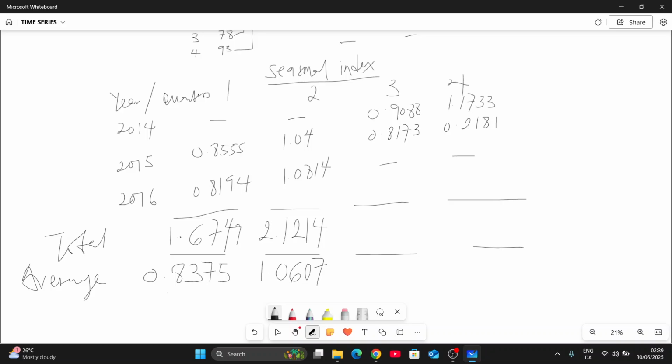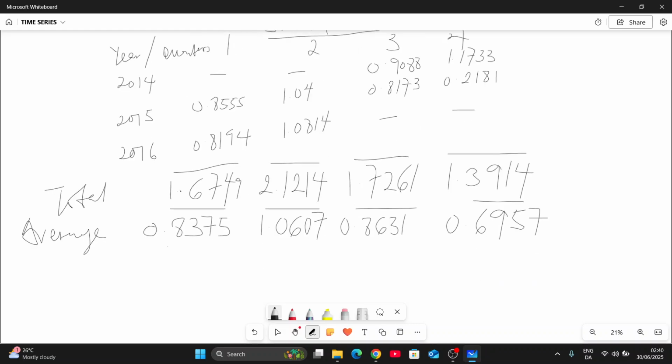0.9088 plus 0.8173 is 1.7261, divided by 2, is 0.8631. 1.1733 plus 1.2181 is 2.3914, the average is 1.1957.